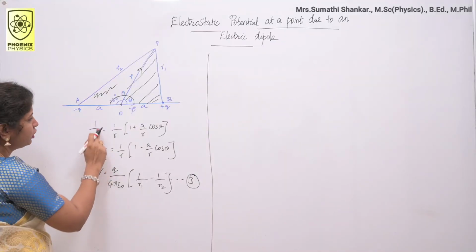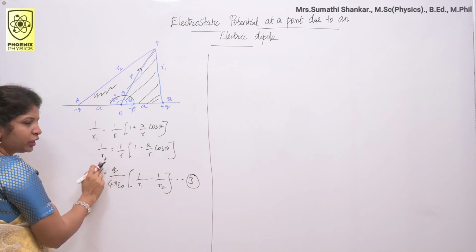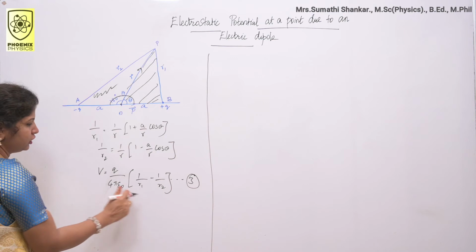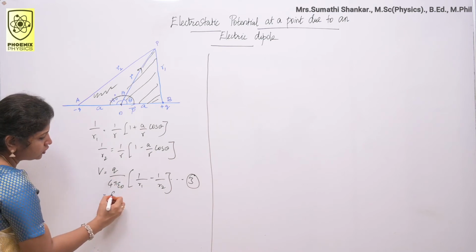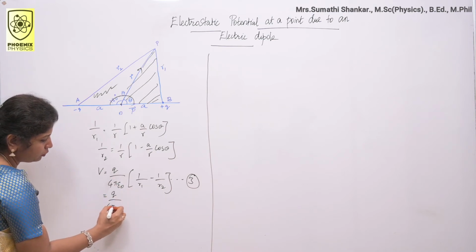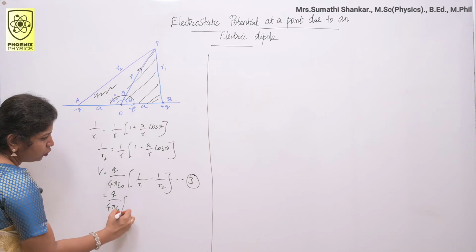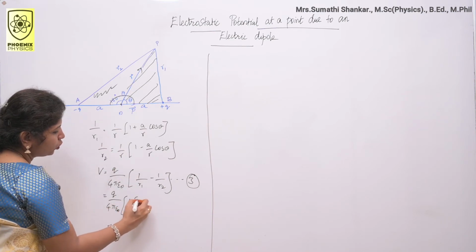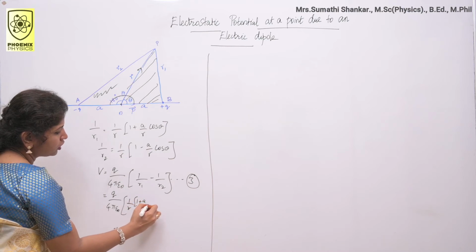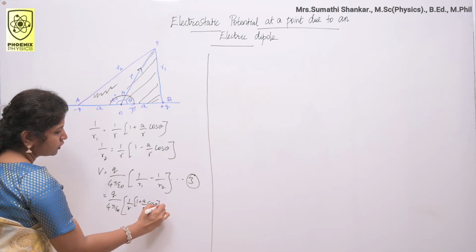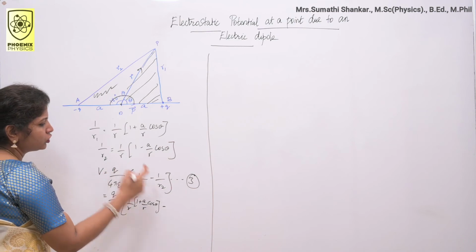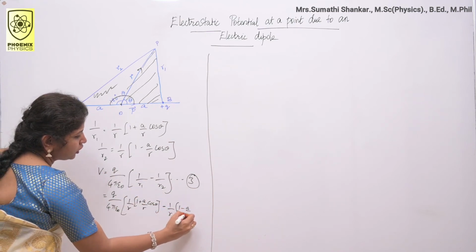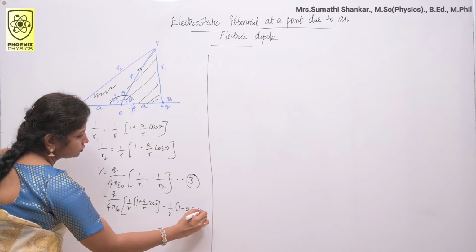Just now we derived the 1 by r1 term and the 1 by r2 term. Substitute these two values in equation 3. So what is our equation 3? That is q by 4 pi epsilon naught. 1 by r1 is 1 by r, 1 plus a by r cos theta. Then 1 by r2 is 1 by r, 1 minus a by r cos theta.